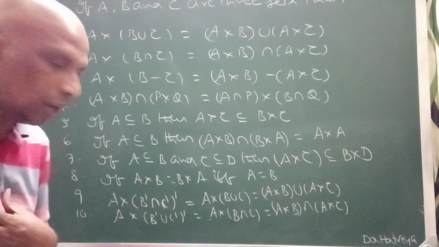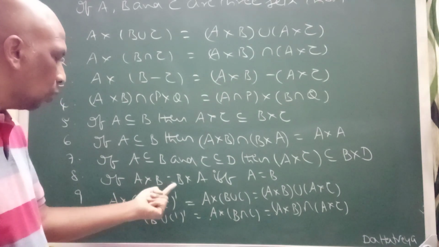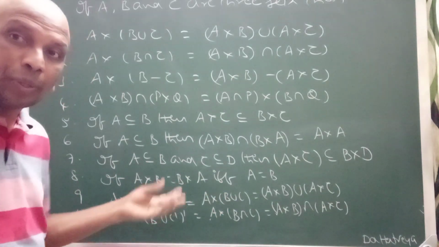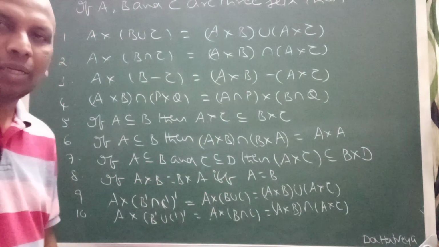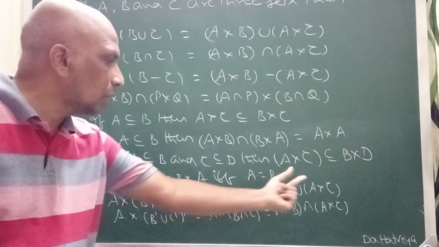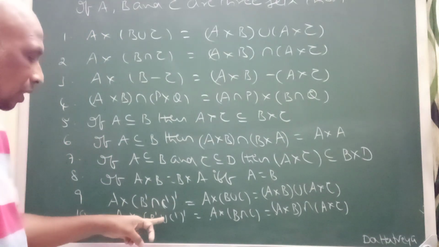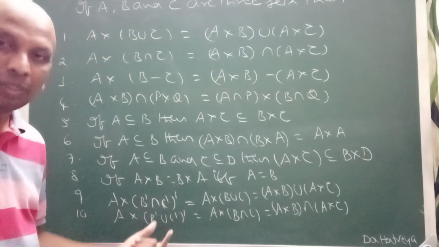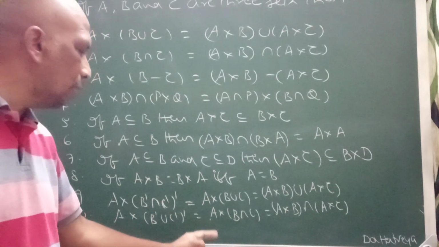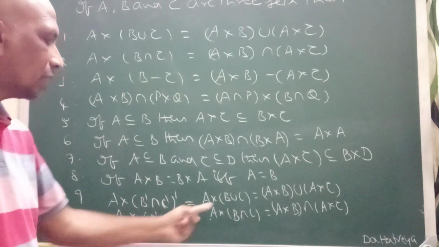We know De Morgan's law. So you apply De Morgan's law: B' whole dash is B, intersection will become union, B union C. So the result will become A cross (B union C), that is (A cross B) union (A cross C). Similarly, A cross (B' union C') whole dash, by De Morgan's law, this will become A cross (B intersection C).